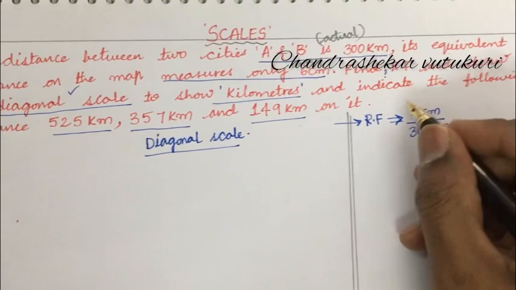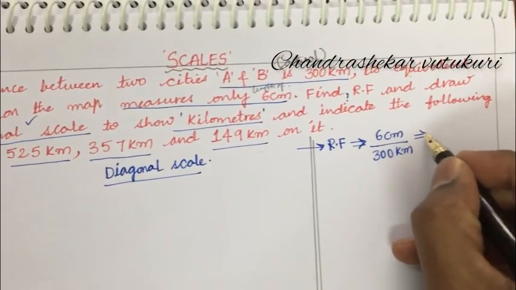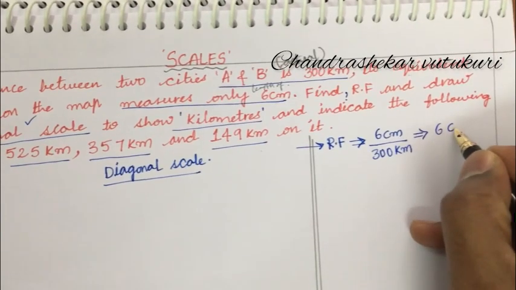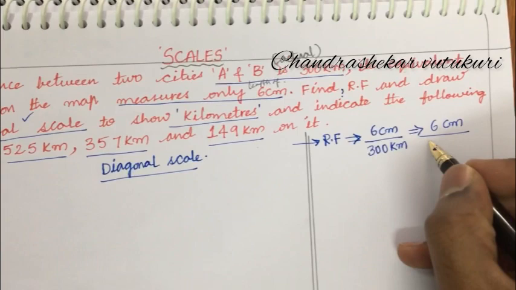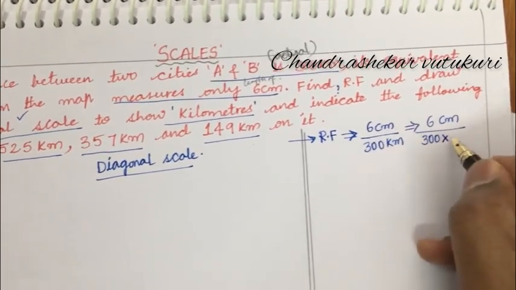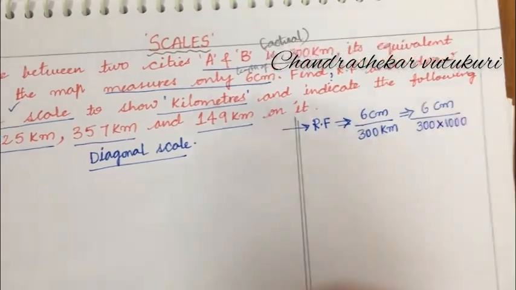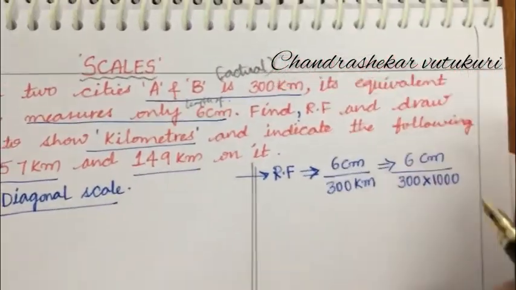Now we need to convert this into a similar unit. I put 6 centimeters as it is, whereas I convert the kilometers to centimeters. So 300 into 1 kilometer equals 1000 meters.